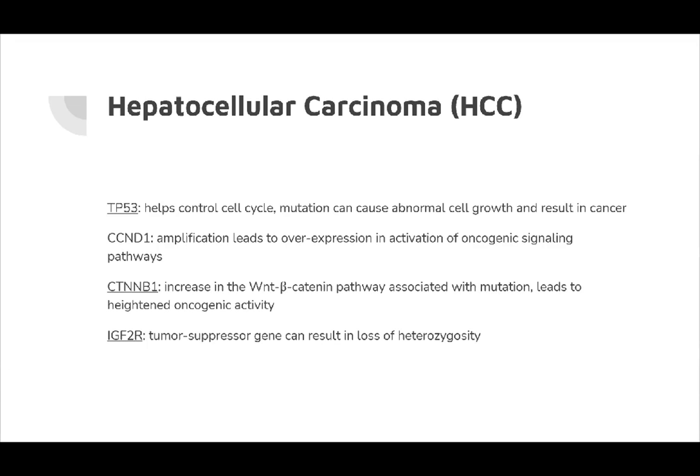And then we have CTNNB1. An increase in the WNT beta-catenin pathway is associated with a mutation in this gene, and that can lead to heightened oncogenic activity. And lastly, we have IGF2R, which is a tumor suppressor gene, and a mutation in that specific gene can result in the loss of heterozygosity.